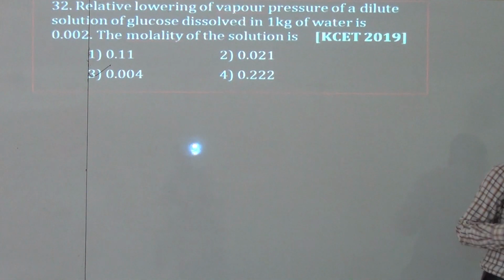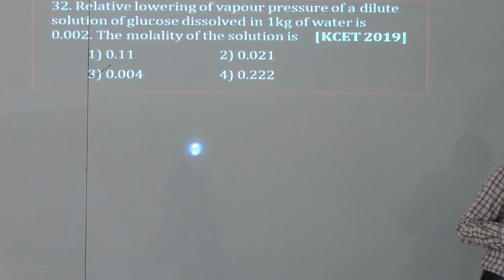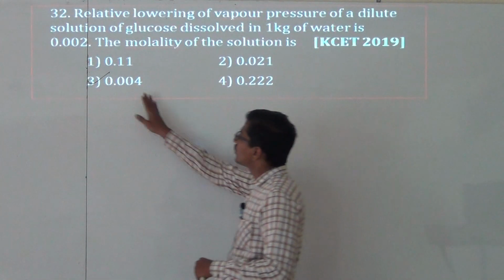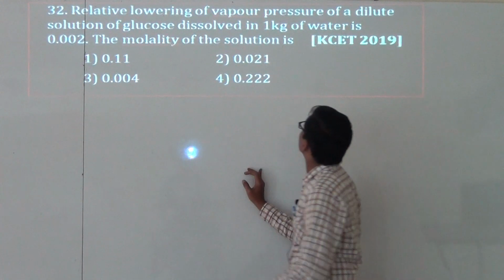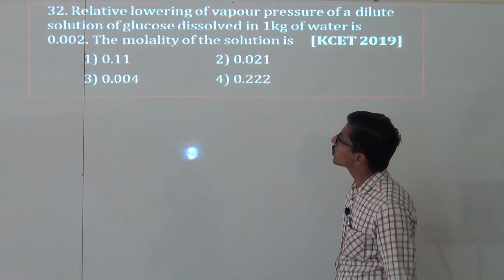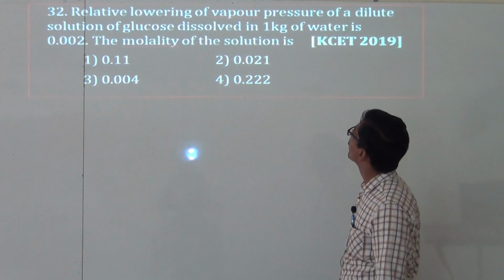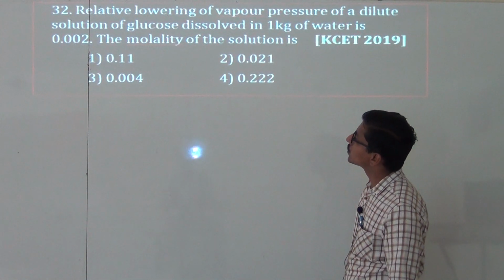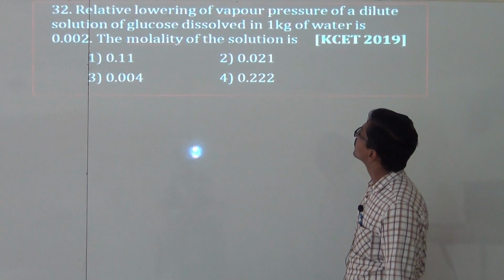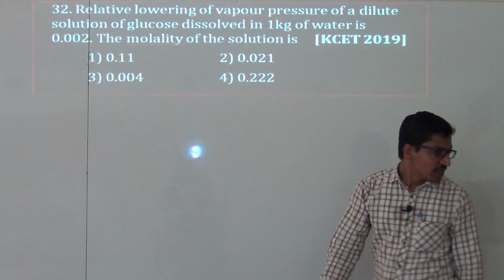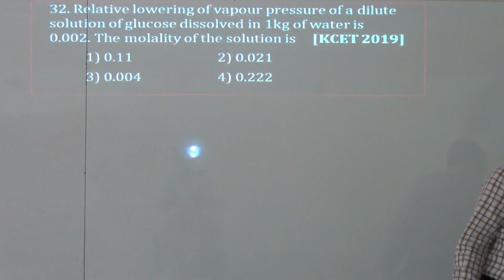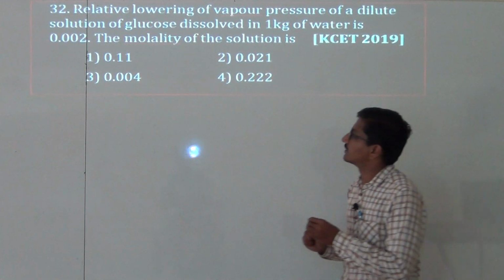Next is, the relative lowering of vapor pressure of a dilute solution of glucose dissolved in 1 kg of water is 0.002. The molality of the solution is?